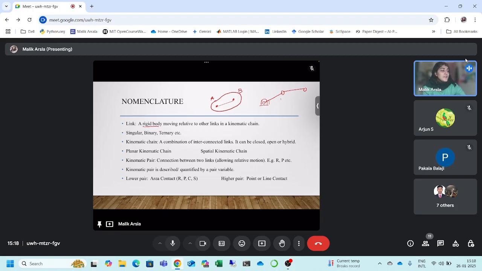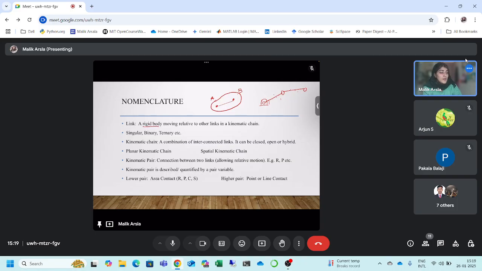There won't be relative velocity between the parts of this body. So basically that is what a rigid body means, that the position between two points does not change with time. However, if there are two links, the relative position between these two links can change. So that is how we classify whether it is a single link, or two links, or three links. We basically look at the motion of the links. Okay, understood?